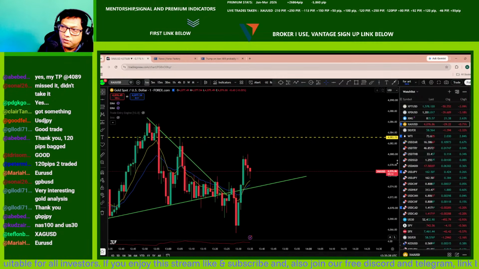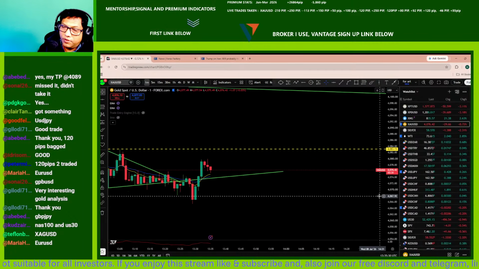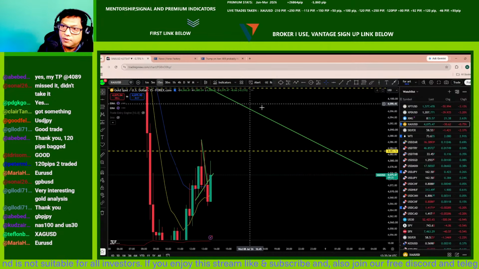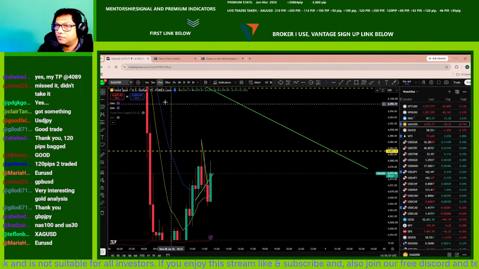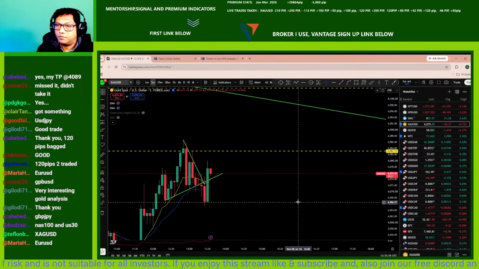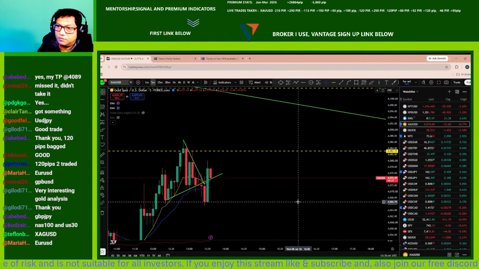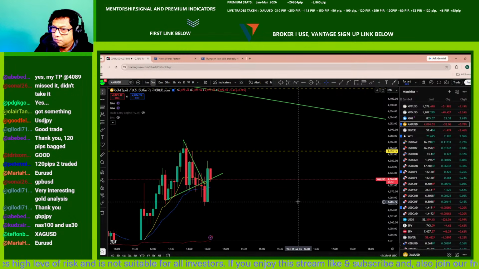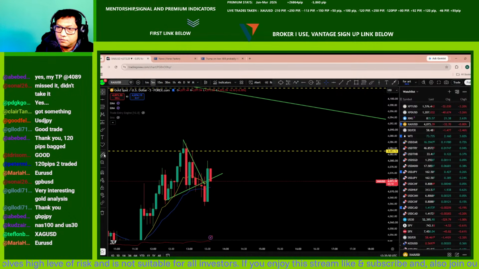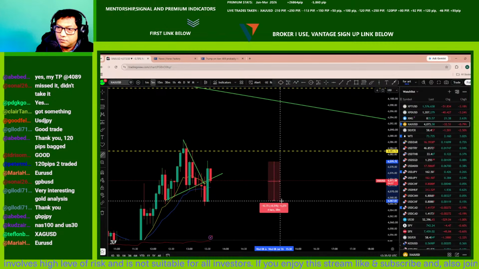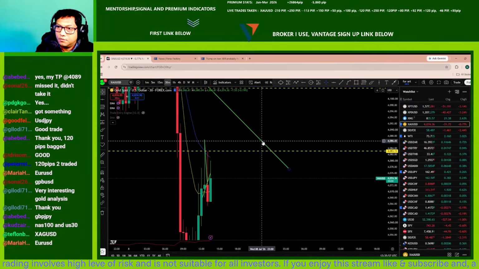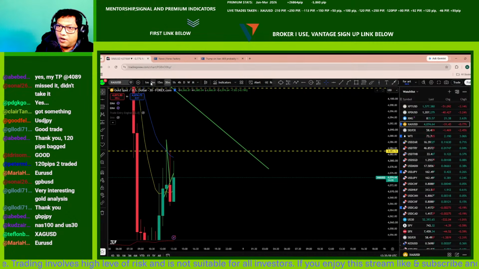If you look at that overall, there are quite a few narrow doji being formed, and this is a very large 5 minute candle.